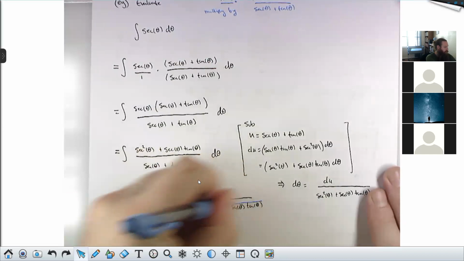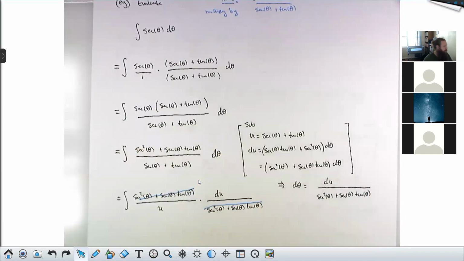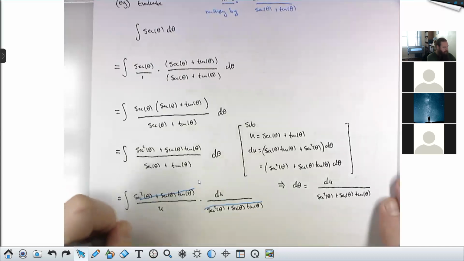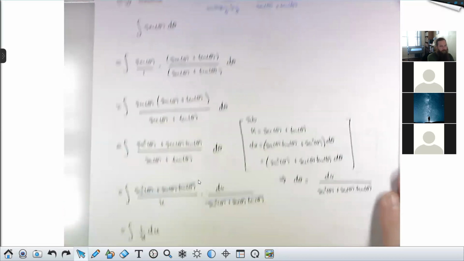There's a very clever individual who came up with this. I don't know who it was, but it's an incredibly clever argument. It's not at all obvious. It requires this weird trick. But at the end of this weird trick, we have the integral again of 1 over u du.